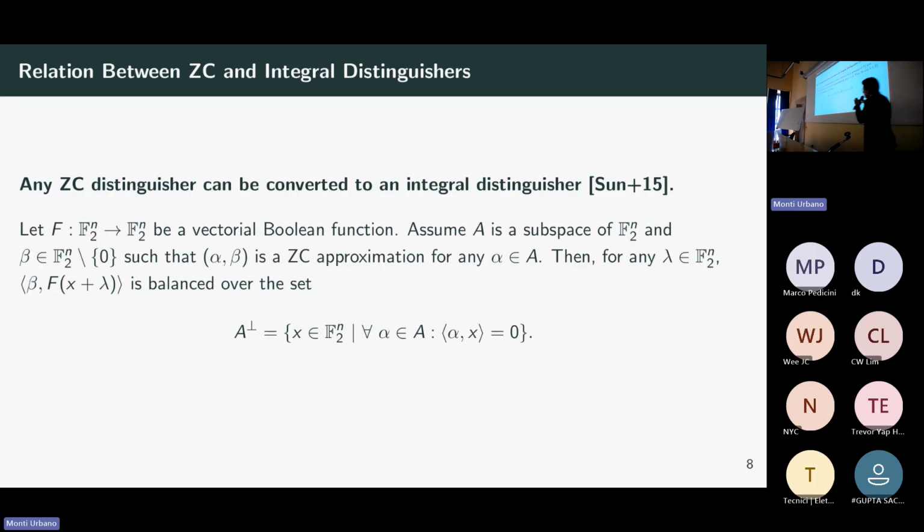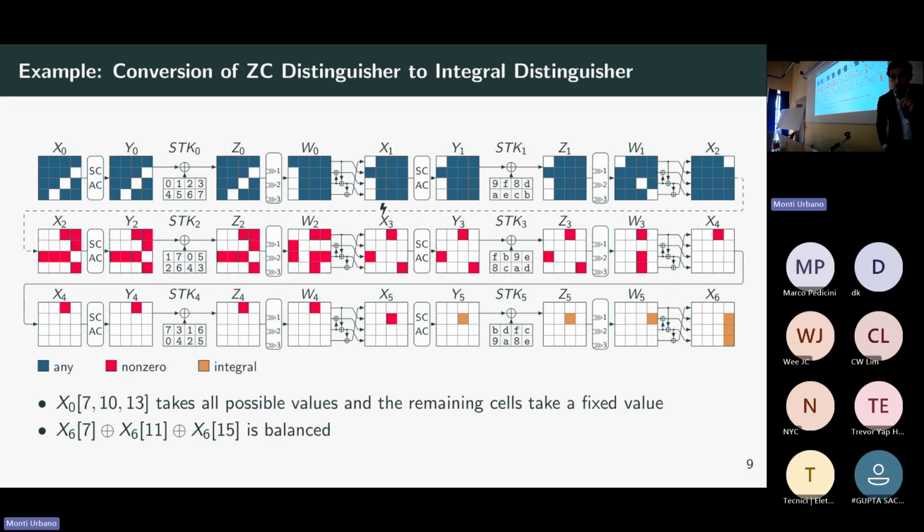If you look at this theorem, if you find a zero correlation distinguisher with a higher dimension for the input space, as you can see, the dimension of the input space for the corresponding integral distinguisher is lower. It means, intuitively, if you have more active cells at the input of the zero correlation distinguisher, you will get an integral distinguisher with a lower data complexity.